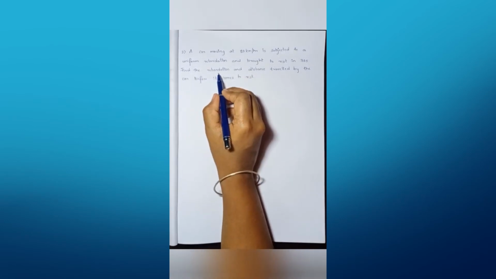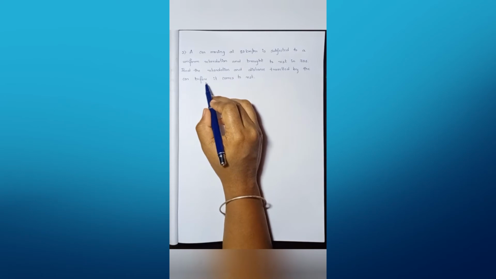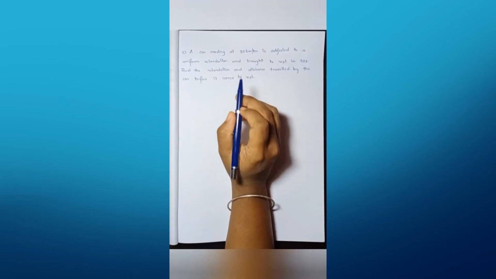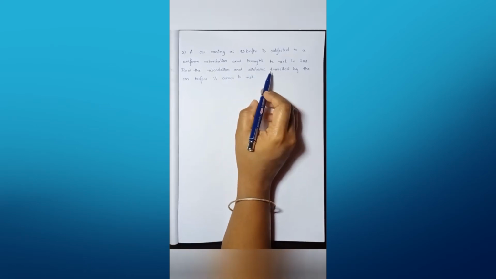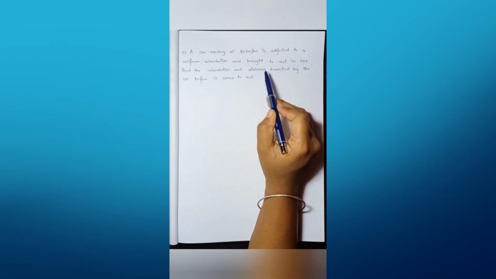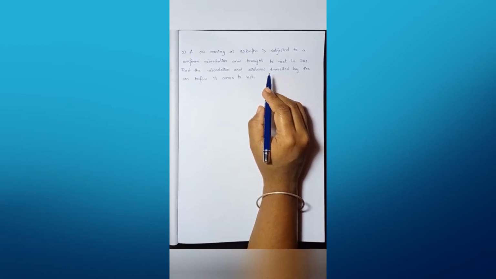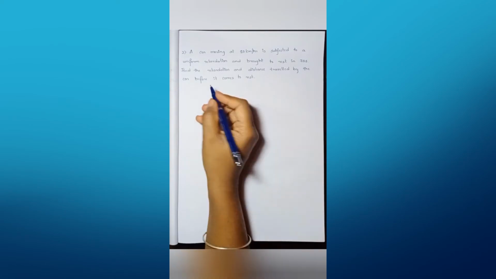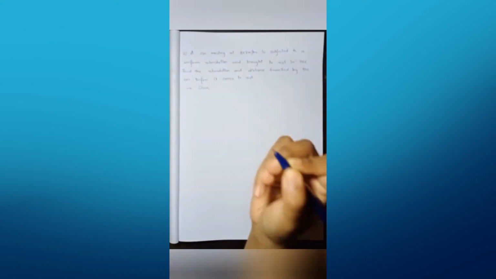Find the retardation and distance traveled by the car before it comes to rest. Here also they have asked the retardation, but here they have given the time and they have asked us to calculate the distance. Okay, so first we have to write down the given things.